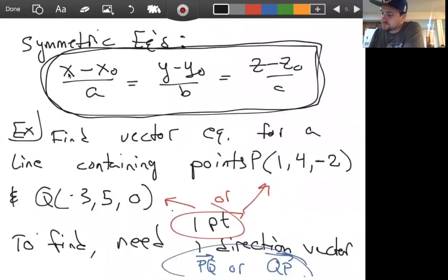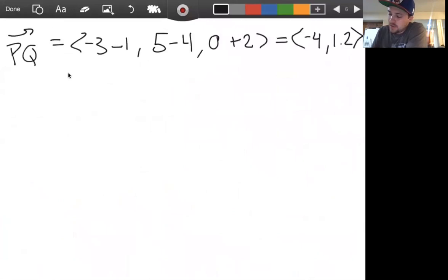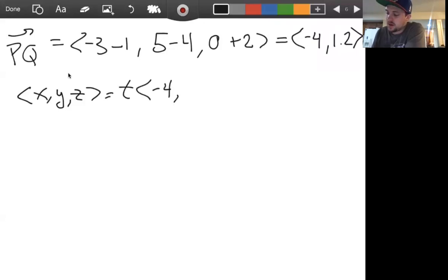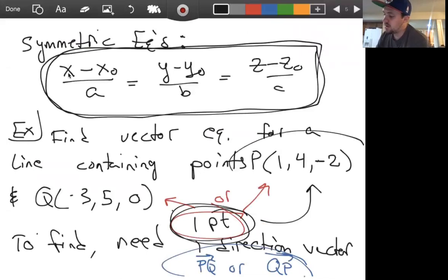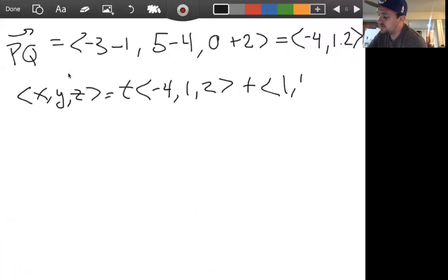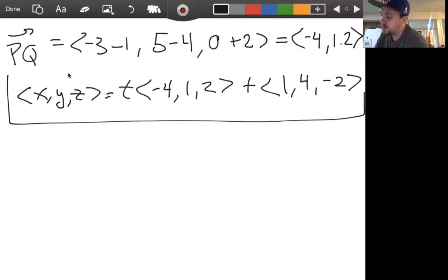So we know now that (x, y, z) equals t times the direction vector, which we just calculated to be (-4, 1, 2), plus (x naught, y naught, z naught), which is the point we choose. We have to choose one point as well, so let's just choose P: (1, 4, -2). And this is our vector equation for the line.